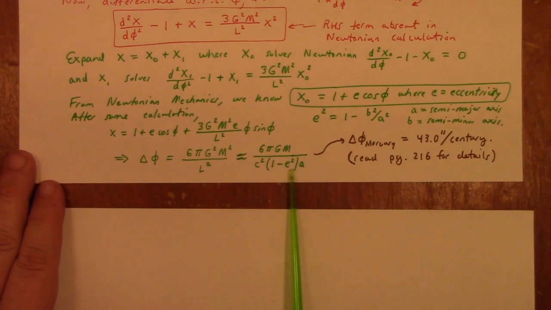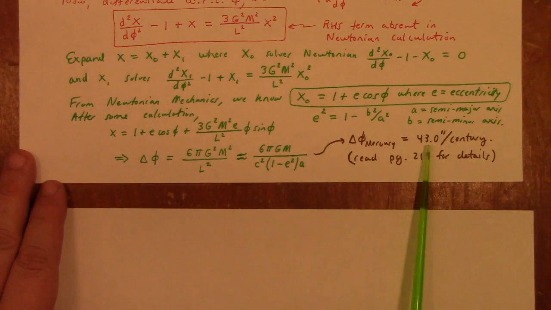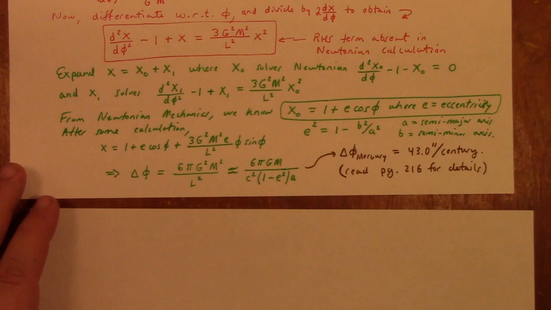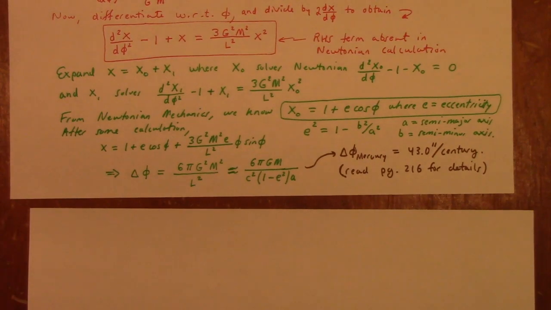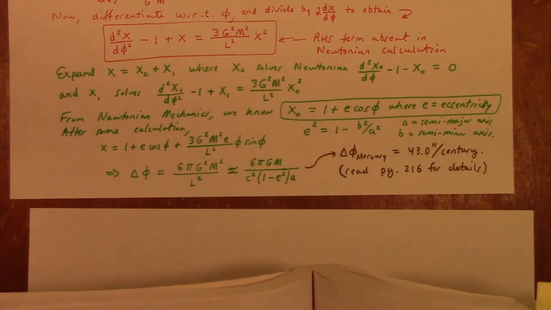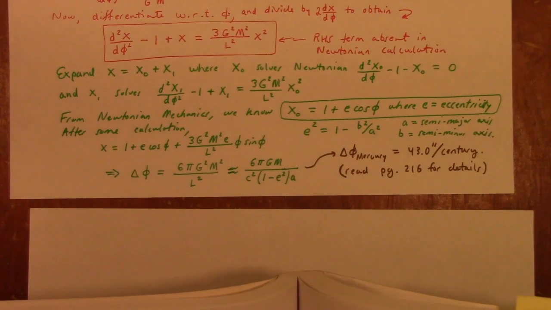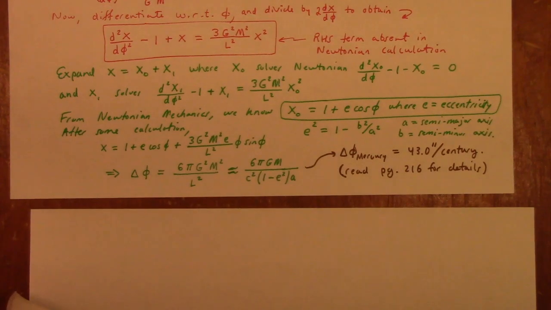And so if you run the numbers here, the precession of Mercury is about 43 arc seconds per century, all right? And here, I'll read you the other details because I didn't want to write them down because I'm lazy. So let's see here. He says, historically, the precession of Mercury was the first test of GR. It was known before Einstein invented general relativity that there was an apparent discrepancy in Mercury's orbit.